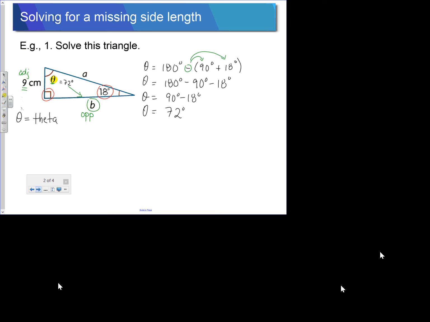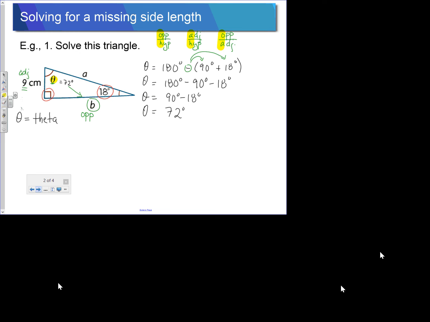So being that that's what we have, remember that we dealt with opposite over hypotenuse, adjacent over hypotenuse, and then we had opposite over the adjacent. So if you take a look at what we have, opposite over hypotenuse, adjacent over hypotenuse, opposite over adjacent.